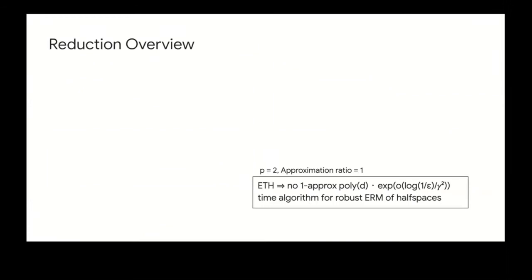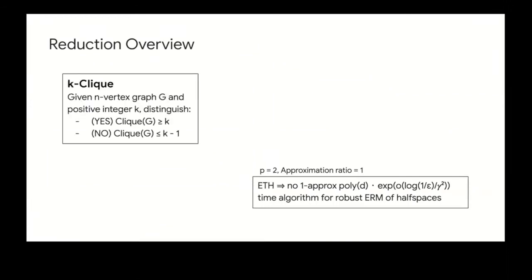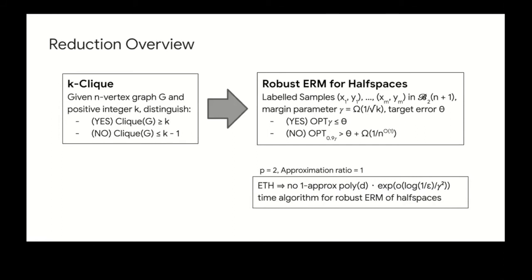So how would we do this? We will do a reduction from our favorite problem, k-clique, and we reduce from k-clique to the robust ERM for half space, where the margin gamma will be 1 over square root k.